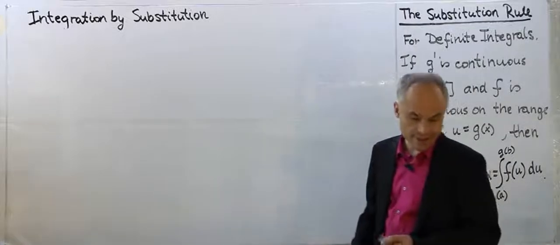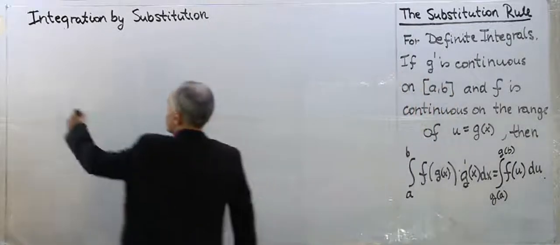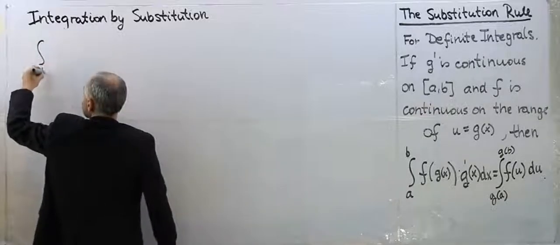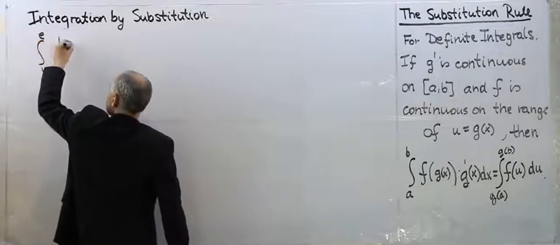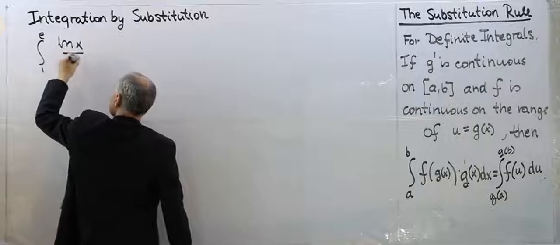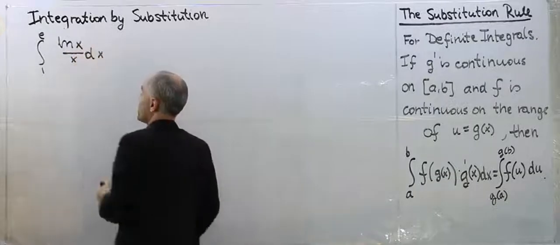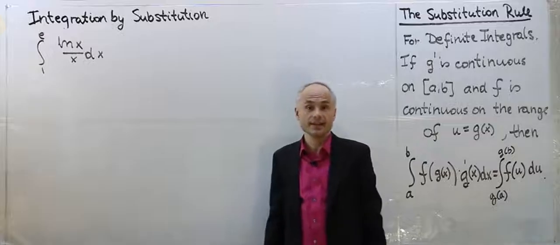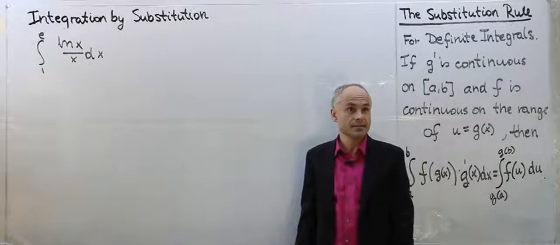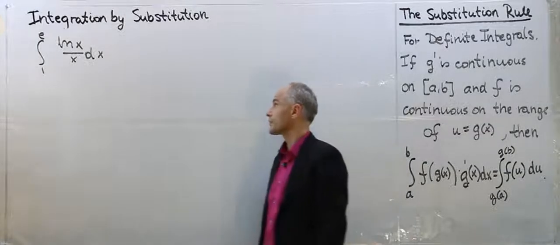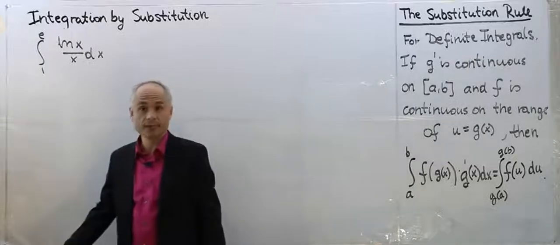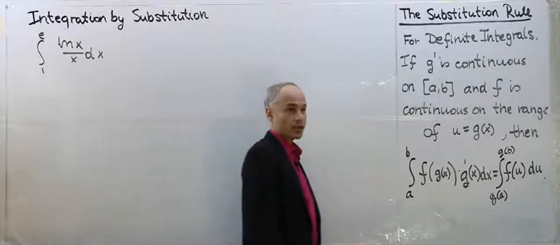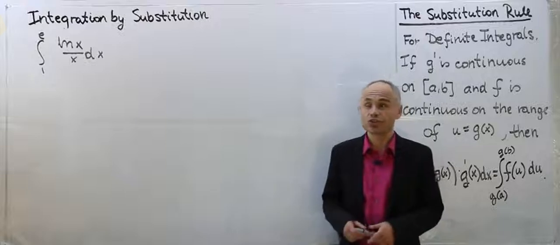Let me try one more example. The integral from 1 to e of natural logarithm of x divided by x dx. And actually, when I look at this example, it's not evident that this would be a good example for the substitution method.